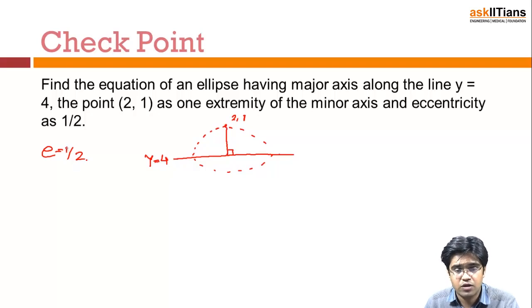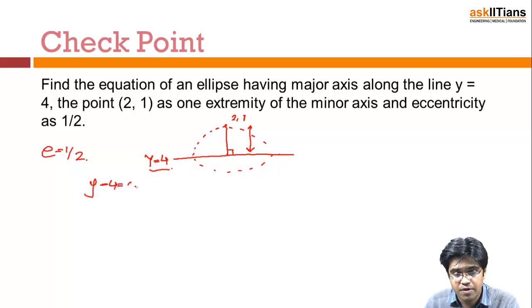In order to find the equation of the ellipse, we need to find a and b, and we know the relation involving eccentricity. The point is 2 comma 1 and the line is y equals 4. The line y equals 4 and the minor axis are perpendicular, so this perpendicular distance is the semi minor axis.